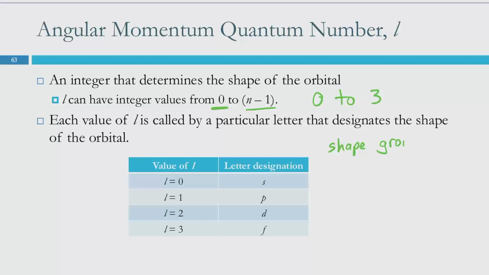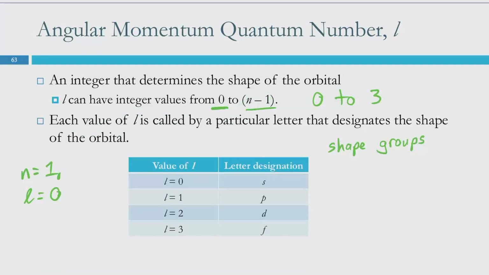We've got different shape groups. So we can have integer values from 0 to n minus 1. So when n equals 1, L equals 0. Because it can go from 0 to n minus 1, and if n equals 1, then L can only be 0, since 1 minus 1 is also 0.